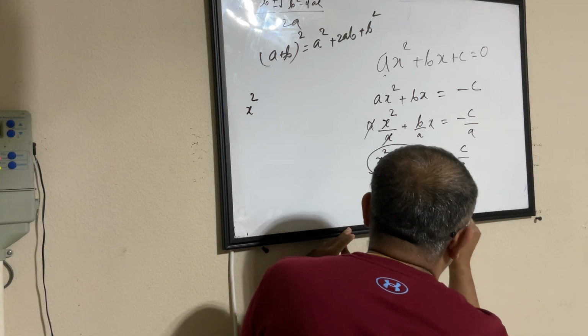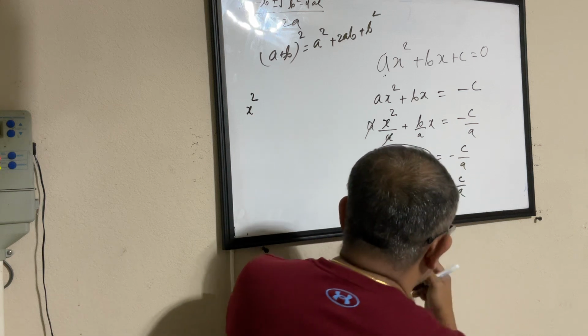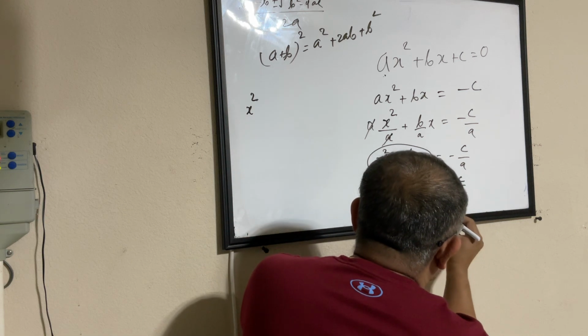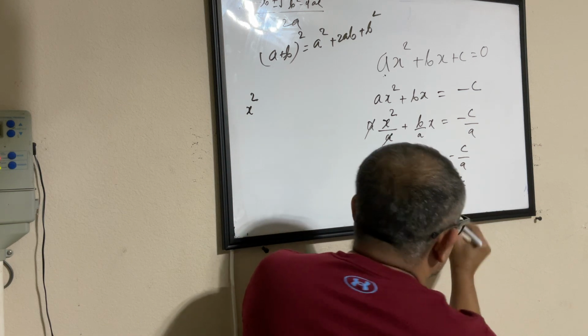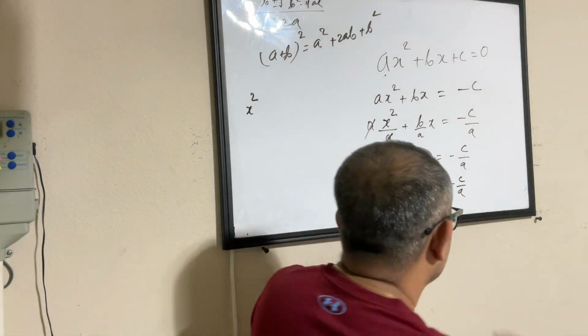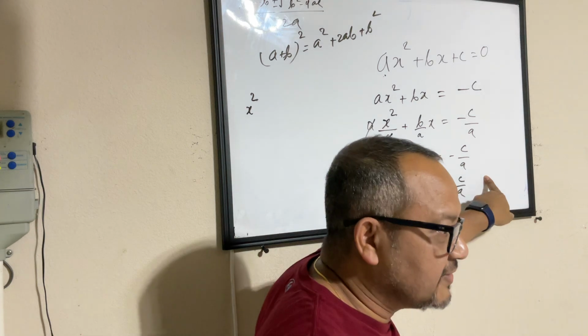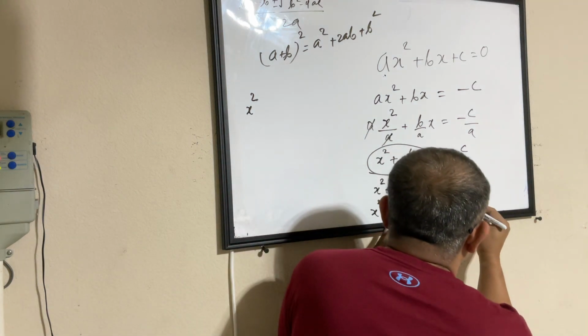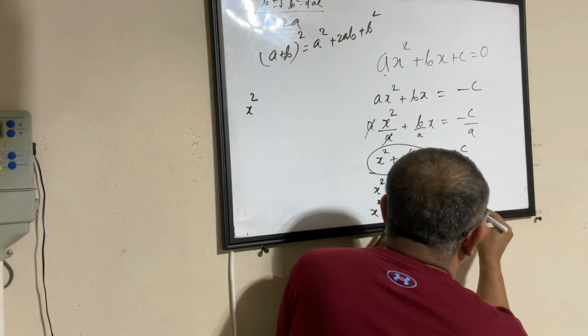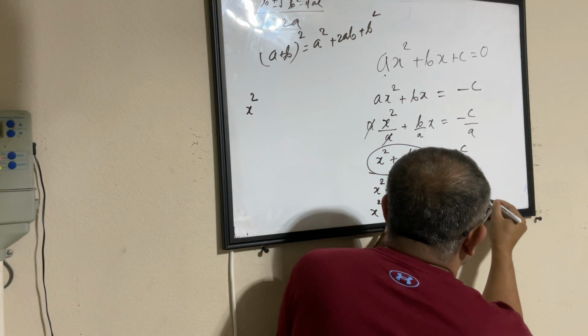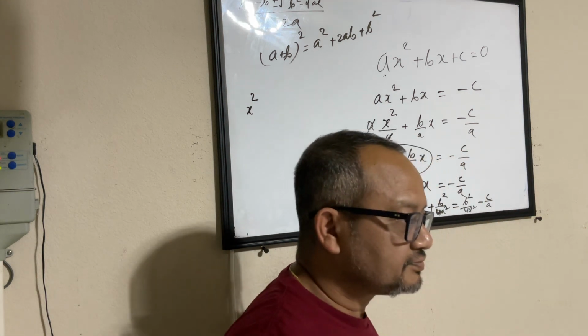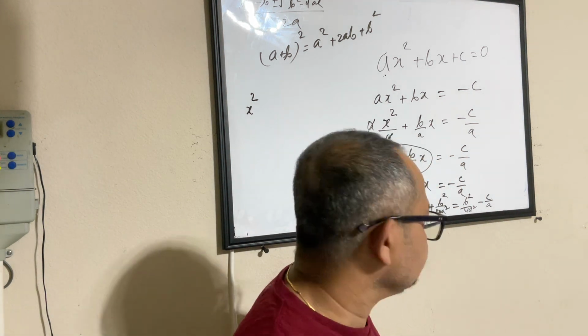So this becomes b by 2a whole squared, that is b squared by 4a squared. Correct? Since I added this one extra thing here, I have to add the same thing here as well. So this becomes b squared by 4a squared minus c by a.